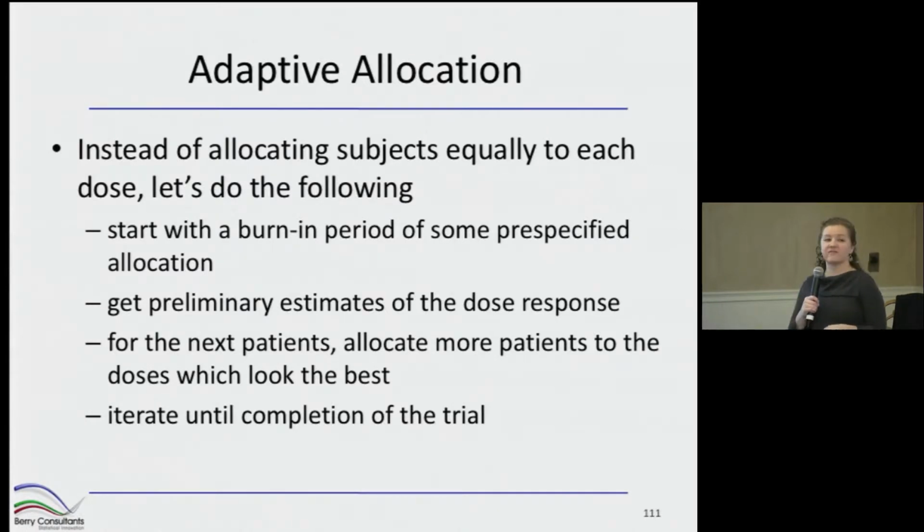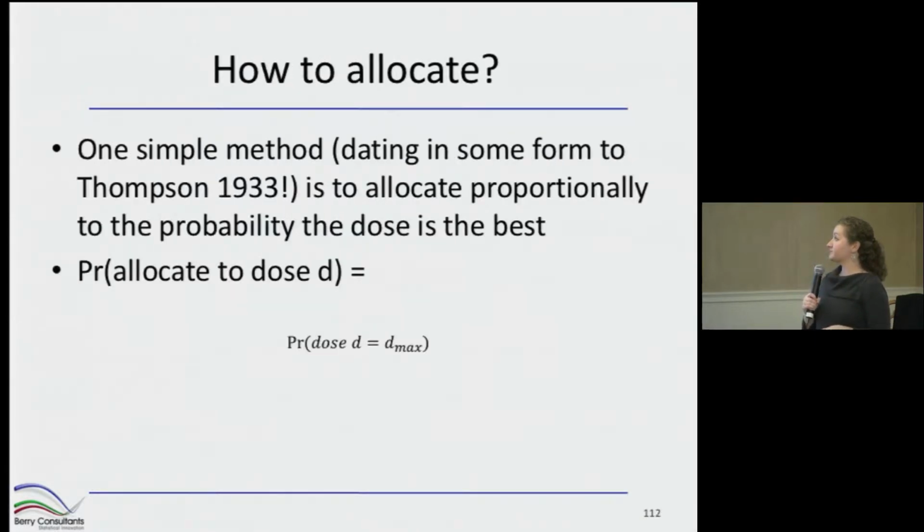We'll have interims that are frequently spaced, and each time we do an interim, we're going to update those randomization probabilities. So how do we decide how to change these allocation ratios? One simple method is, for each dose, we calculate the probability that it is the best dose, and we allocate in proportion to that. Doses that have the highest probability of being the best dose get the highest randomization probability, and doses that have lower probability of being the best dose are going to have a smaller weight.